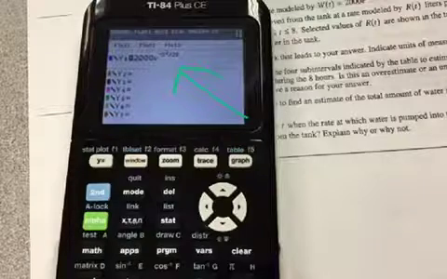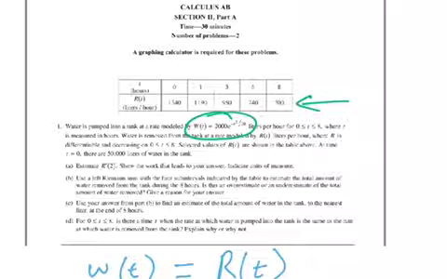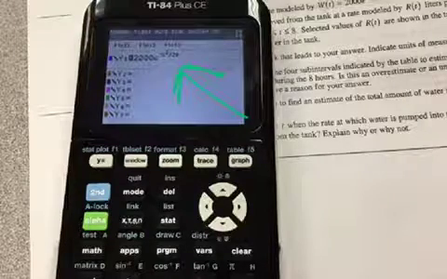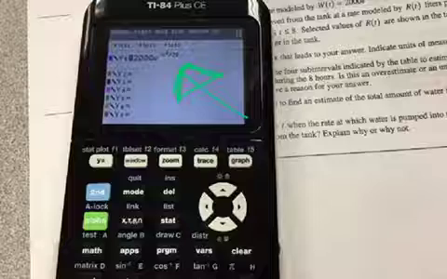Keep note that we are talking about the rate, which is what W of t gives us. Liters per hour indicates rate. It actually even says rate. So we use the rate equation, type it in, and then when you go into the table, you have all the values from 0 to 8 that work.